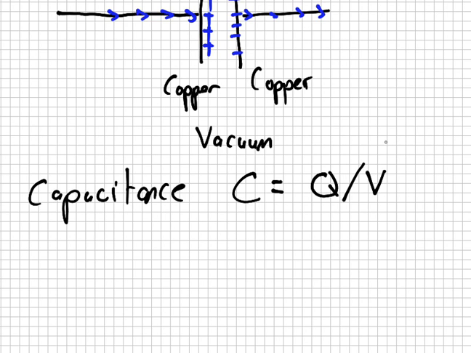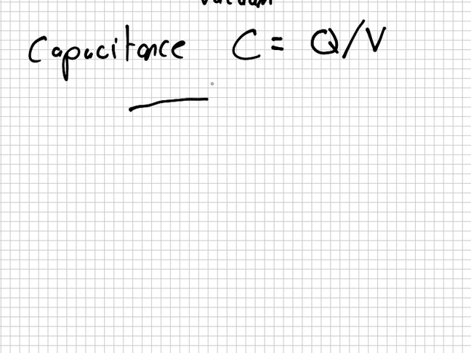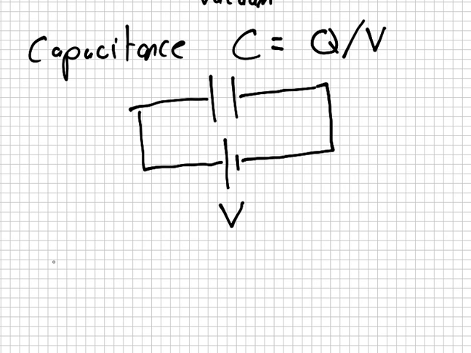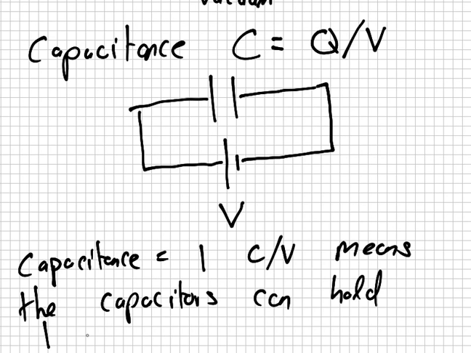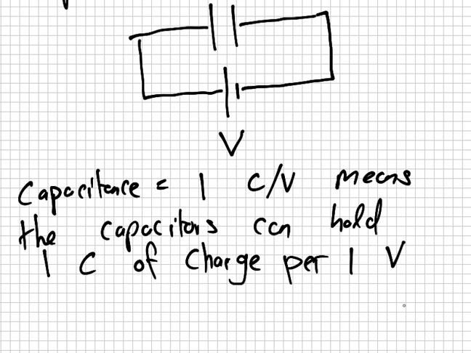So if you look, what we can do is, here's our capacitance, and then here's our battery of volt V. So we say we have capacitance equals 1 coulomb per volt, means the capacitor can hold 1 coulomb of charge per 1 volt in the battery, in the power supply.